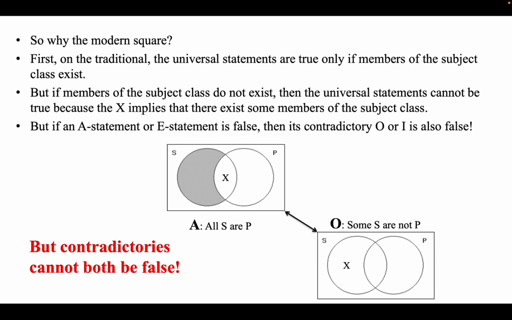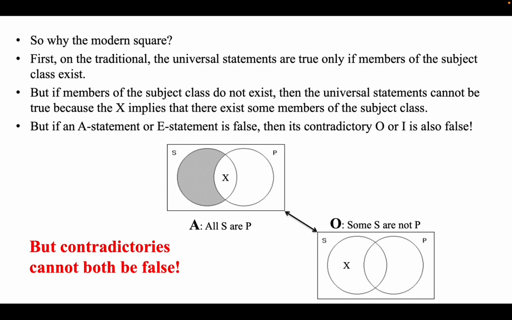But remember that the relation between an A form and an O form is of opposite truth values. Remember that they cannot have the same truth value. So if A is false, O must be true. But O cannot be true, because there aren't any Martians.